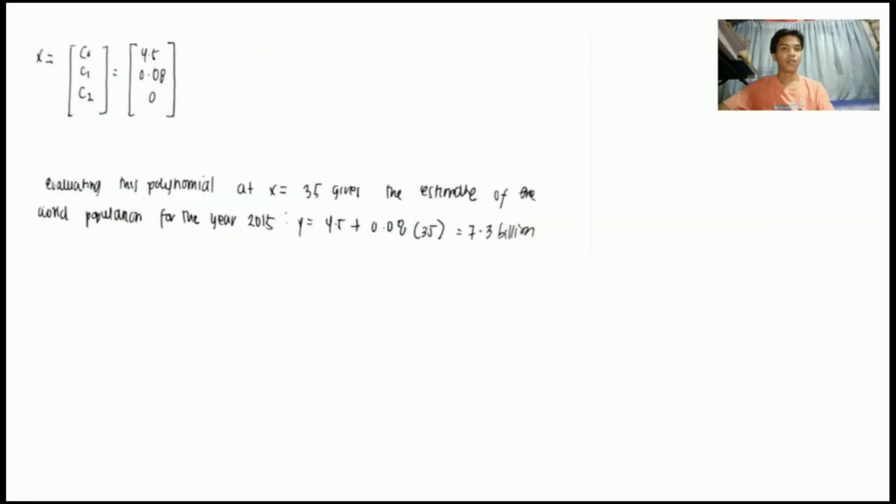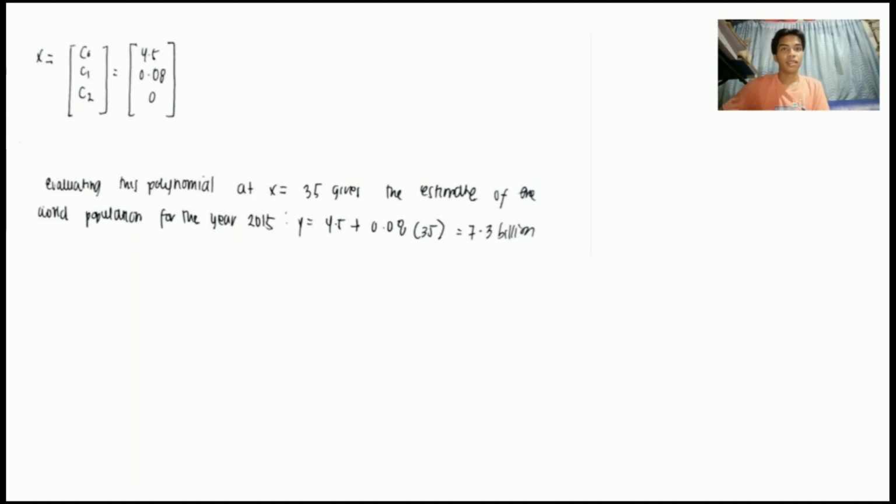After that long solving of all the sums of our x's and y's and the products, we got the values of our c0, c1 and c2, which are 4.5, 0.08, and 0.